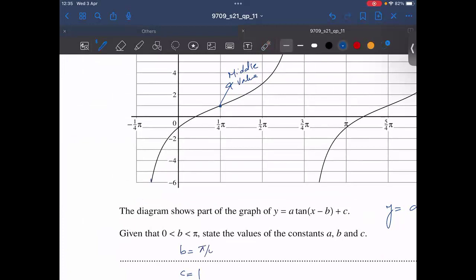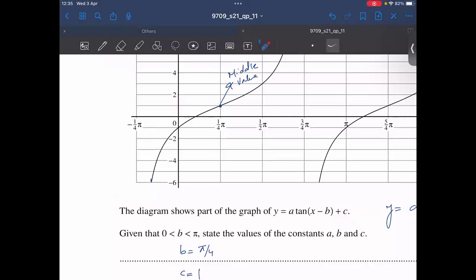Yes, sir. First of all, in the graph of the tangent function, you always look for the middle value. The middle value is basically C. The y coordinate of the middle value is C, that is 1.